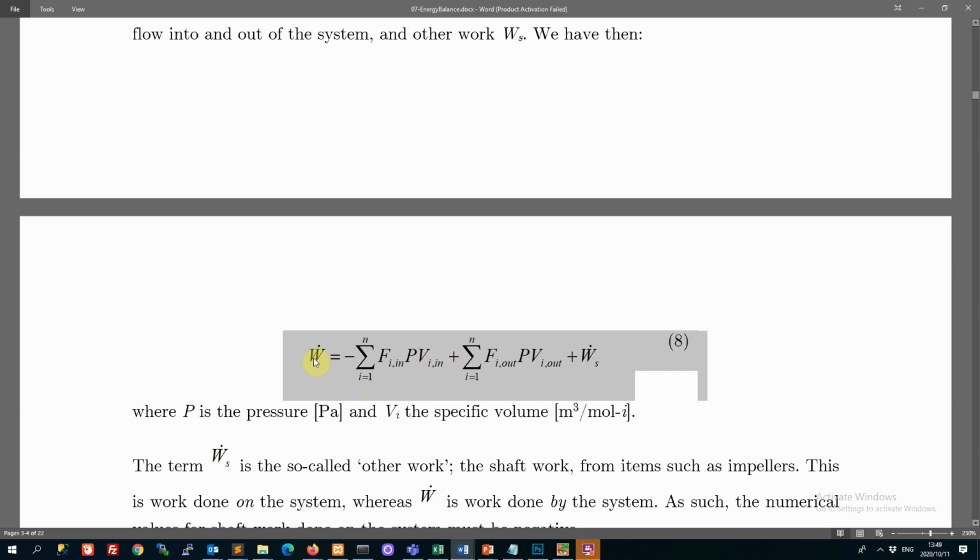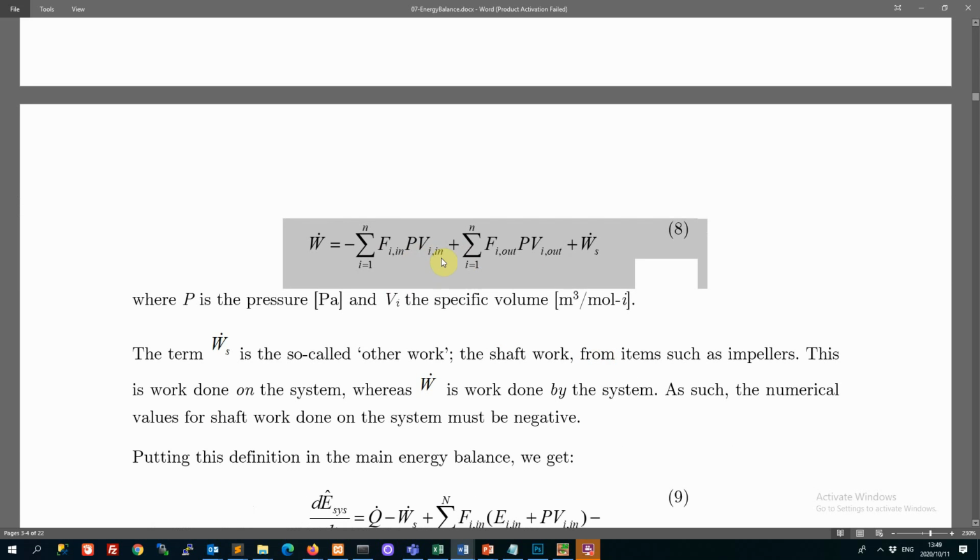And here, if it's work done on the system, then coming in would be work, if you like, done by the system, and so on. So you account for the flow itself using these terms, and then you've got the shaft work here as well. So of course, if your volumetric flows are equal and so on, most of the time we neglect this.